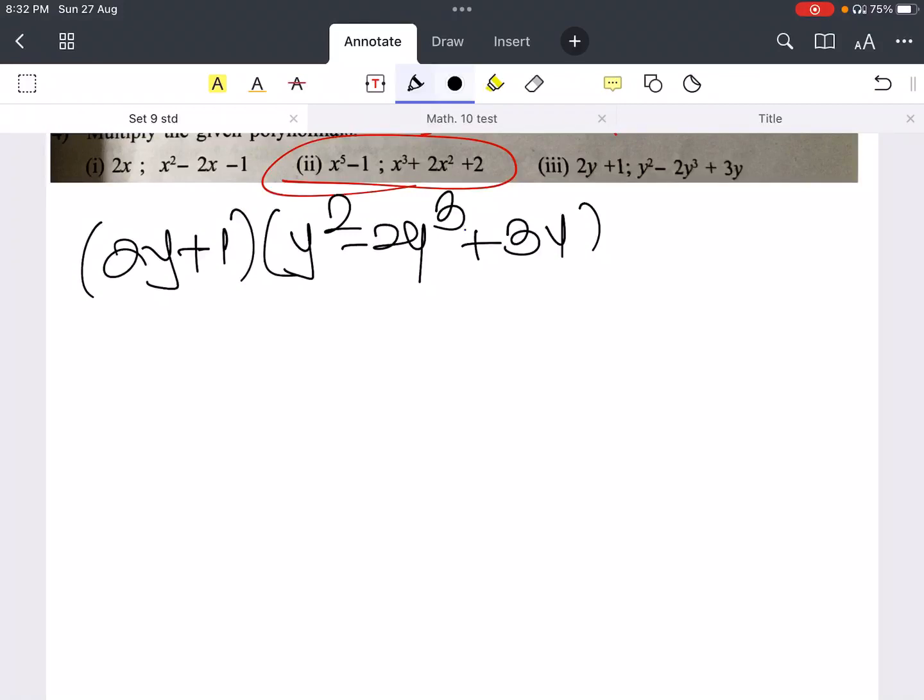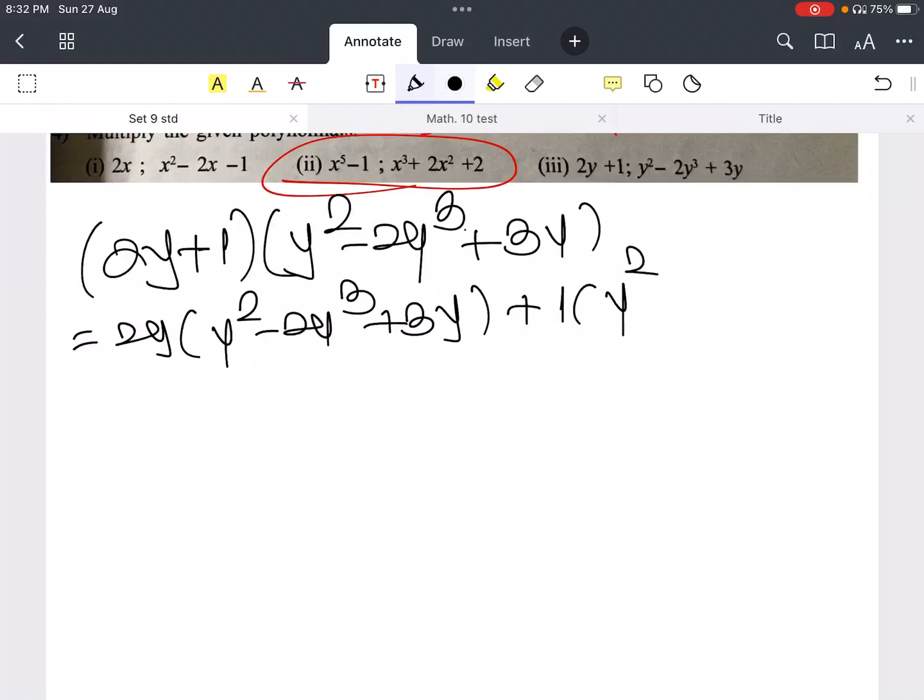So initially we will multiply by this 2y. So 2y into y square minus 2y cube plus 3y. Next, plus 1 as it is, y square minus 2y cube plus 3y. So 2y will multiply with y square, it becomes 2y cube.